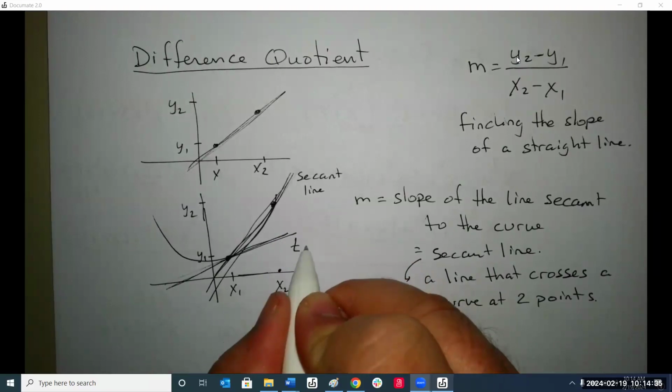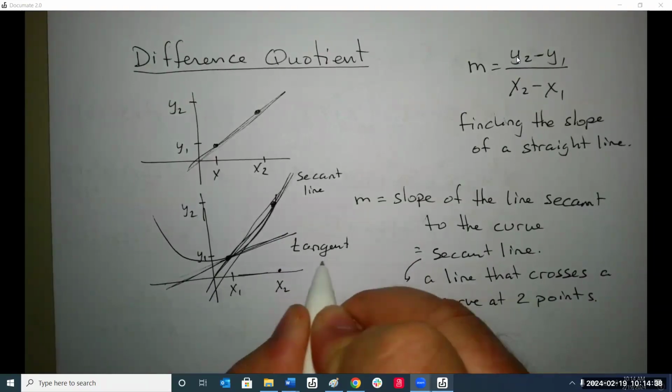We need to have the slope of the tangent line.